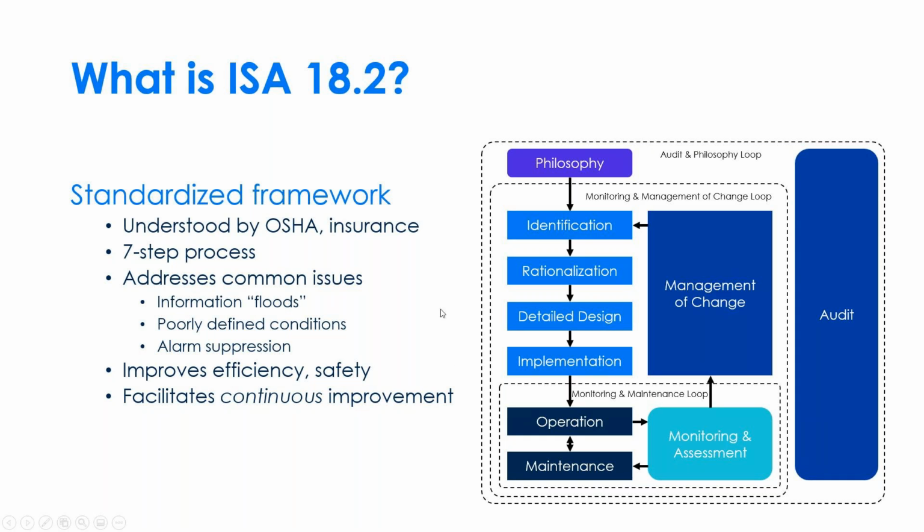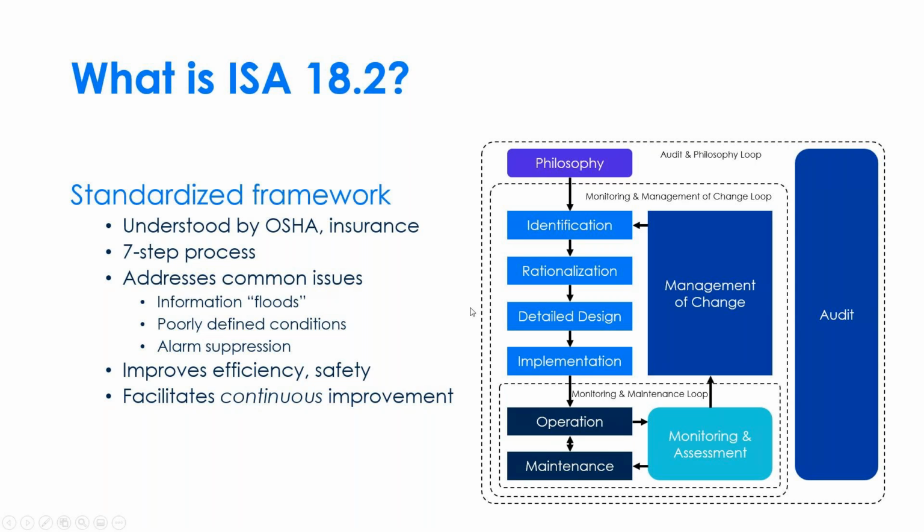That often requires a rationalization of the conditions, an understanding of why we need alarms in a process, identifying the conditions in the control system that are going to indicate those alarms, defining how they're going to be expressed to an operator and what their response is going to be.